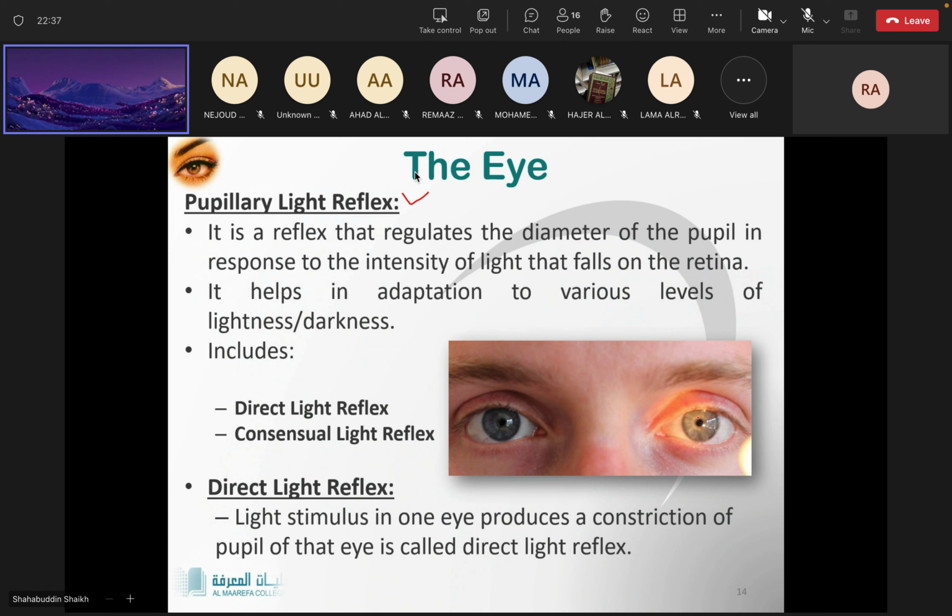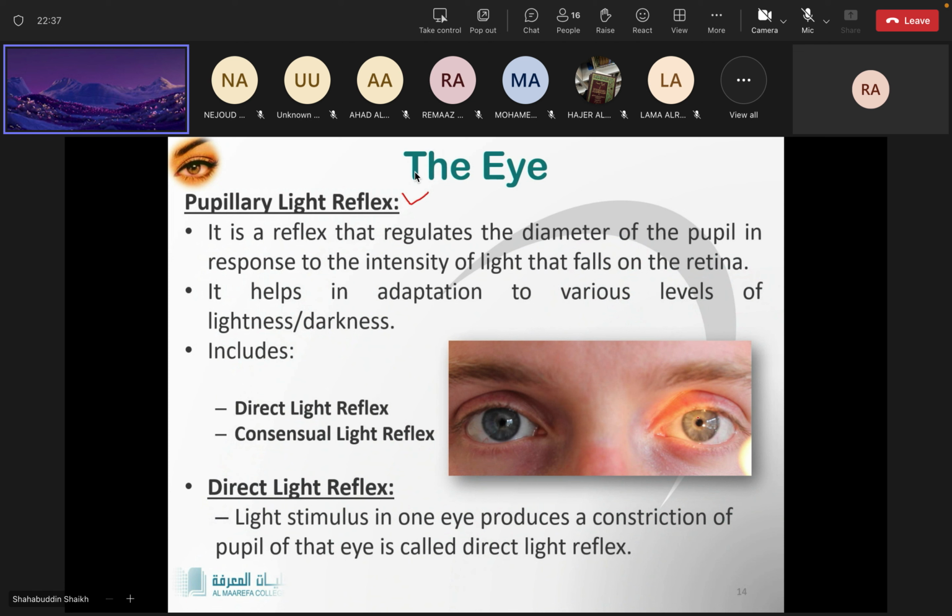When the ciliary muscles are relaxed, the ligament becomes tight. Clear? Any confusion here? When the muscles are relaxed, the ligament becomes tight.